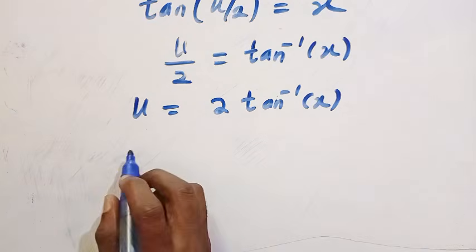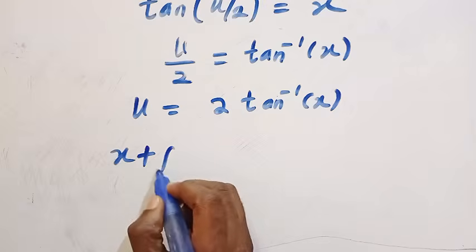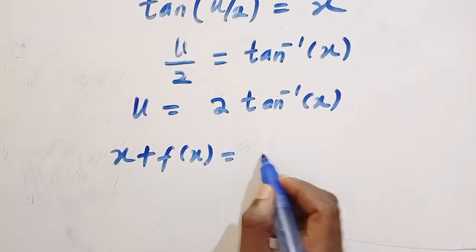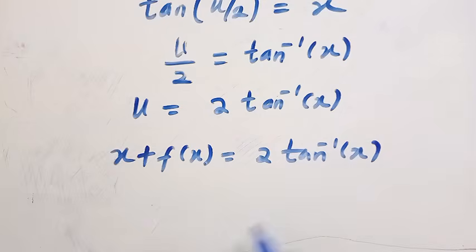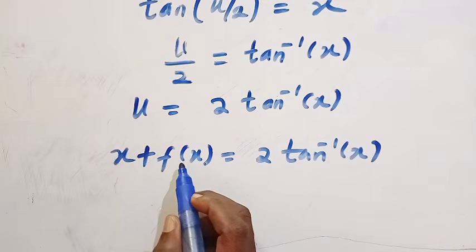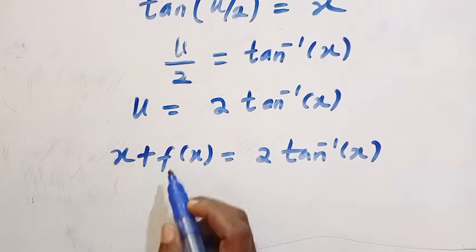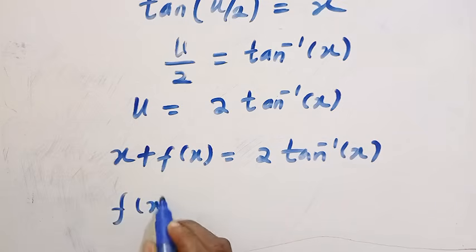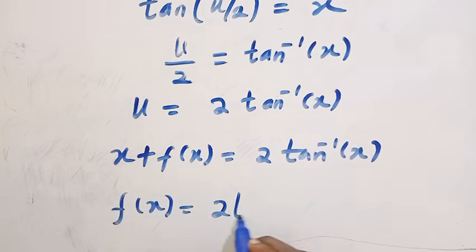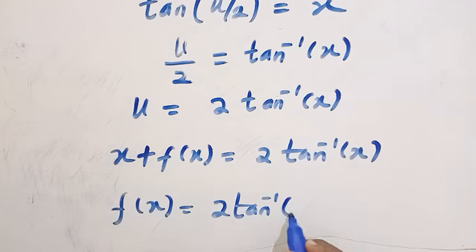So by replacing u with x plus f of x, we have x plus f of x equals 2 tan inverse of x. By making f of x the subject of the formula, we have f of x equals 2 tan inverse of x minus x.